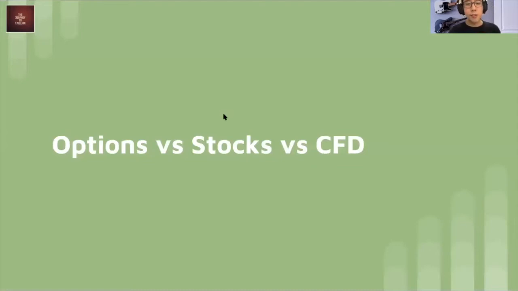Okay. So if everyone is clear, I will jump to the next part. I think this will be the last part for part one. So it's actually comparing the options versus underlying stocks versus CFD.